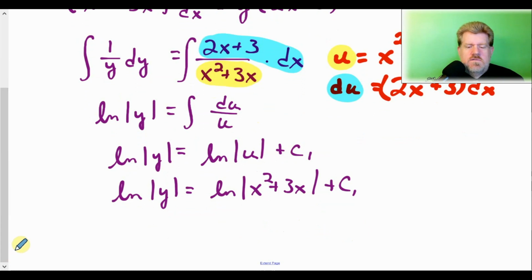All right. Well, they are natural logs. The only way to eliminate a natural log is with the function of e to the x. So e to the natural log of y is y. E to this would just be x squared plus 3x.